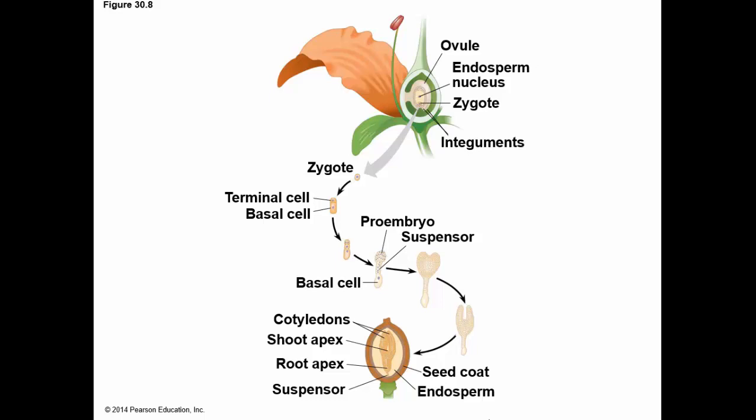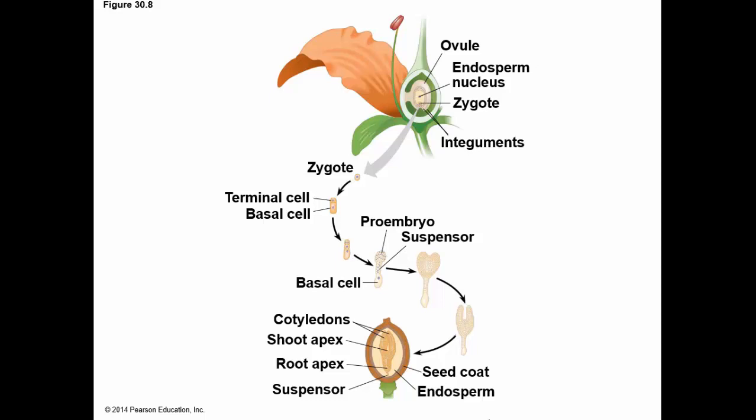Okay, that dormancy means that the metabolism of the developing embryo has slowed down. And the seed is not actually using very much of the energy that's available to it. It can save that energy until conditions are appropriate for germination.